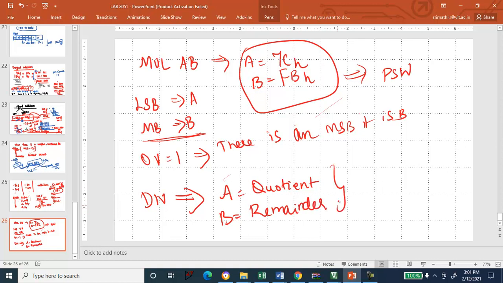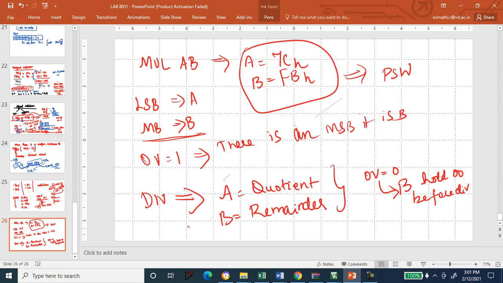In this case, the overflow flag is cleared to 0 unless your B register holds 00 before division.